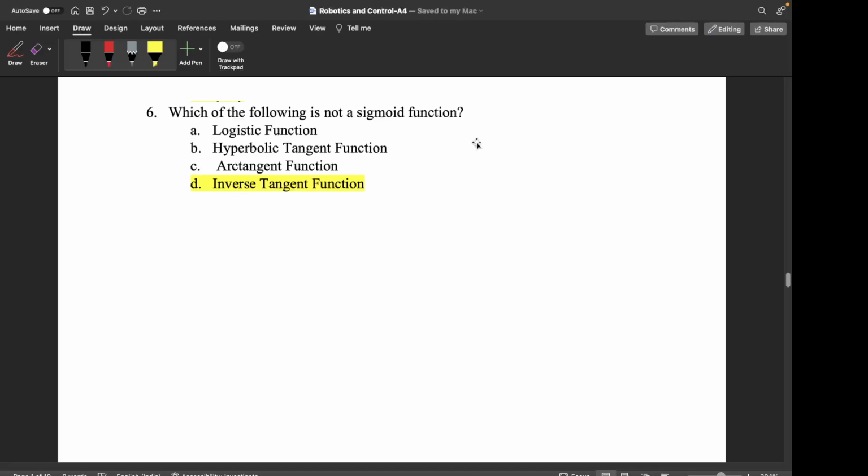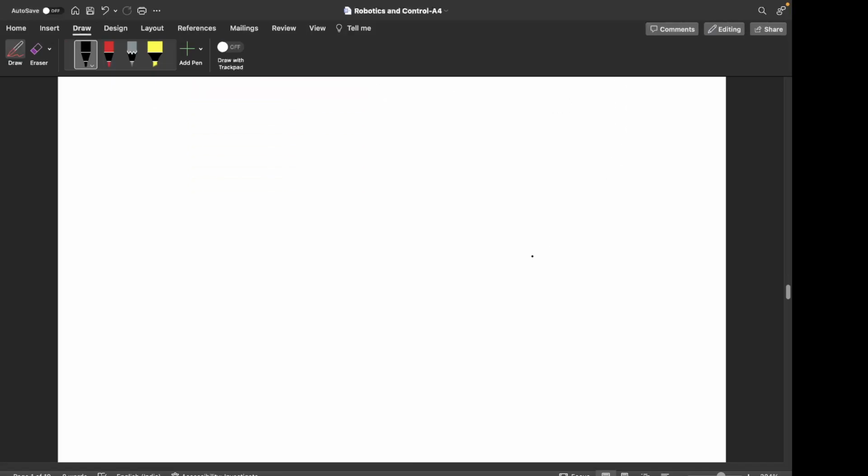The sigmoid function is given as this. I think this is the sigmoid function.